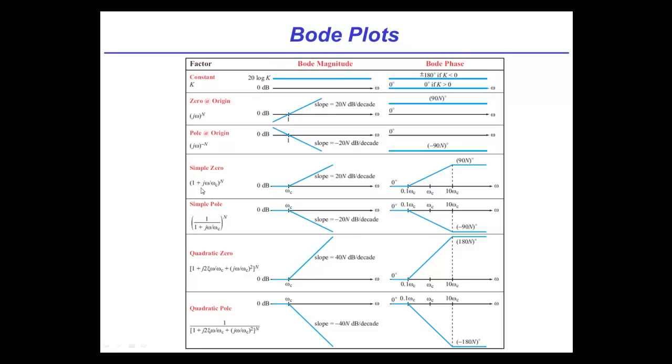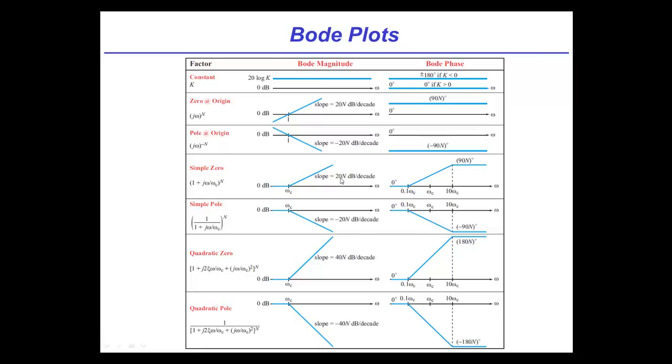Okay, and the simple zero has a form of 1 plus j omega over omega c raised to the n, where n is the order. And what it's going to do is, you told me the corner frequency on that previous one was 5. So what you're going to do is you're going to draw a flat line, and then at the corner frequency you're going to go up. And the slope going up is 20 times n.